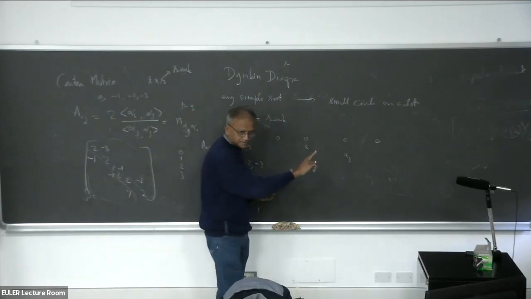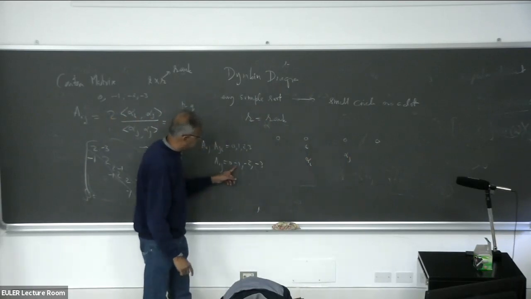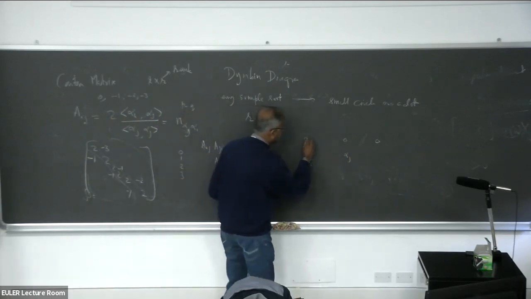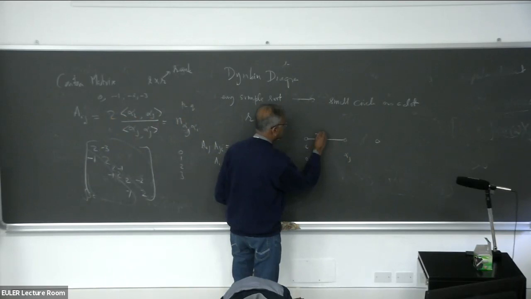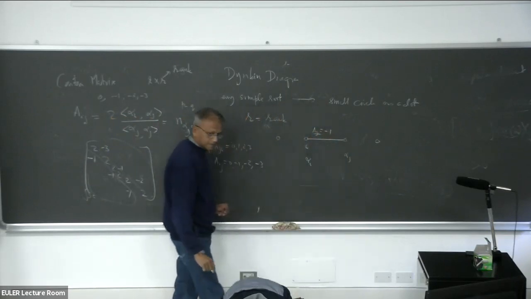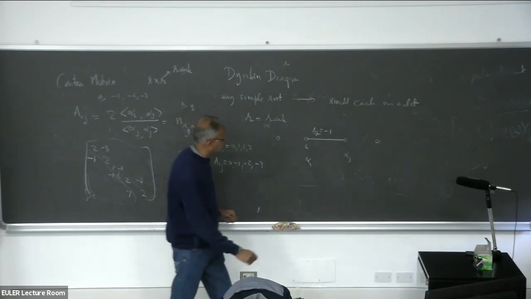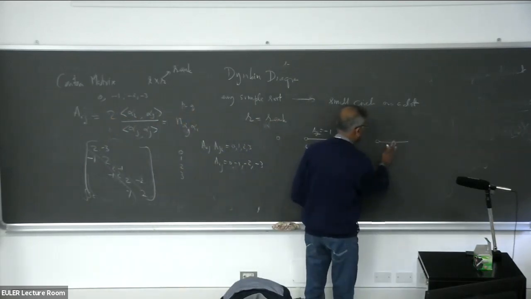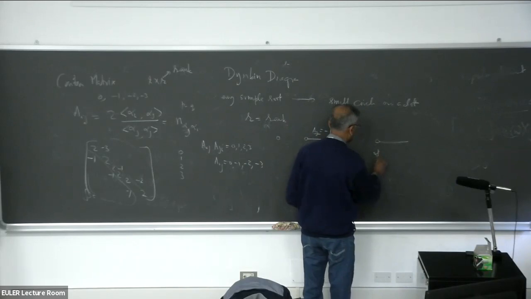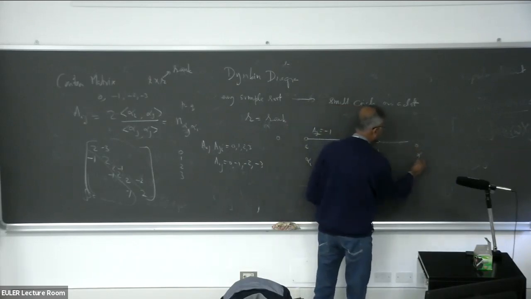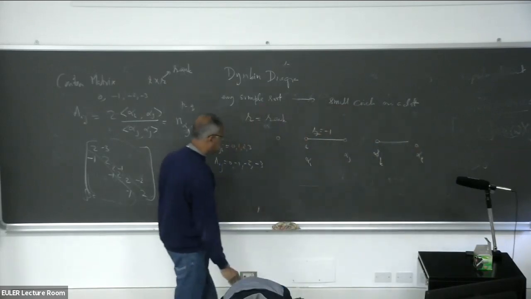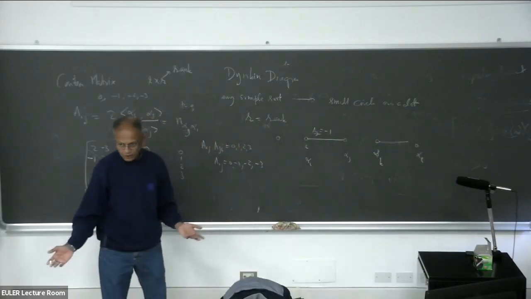But if it is minus 1, then you connect them with one line. Suppose I have another pair, alpha k and alpha L, and A_kL happens to be minus 2.